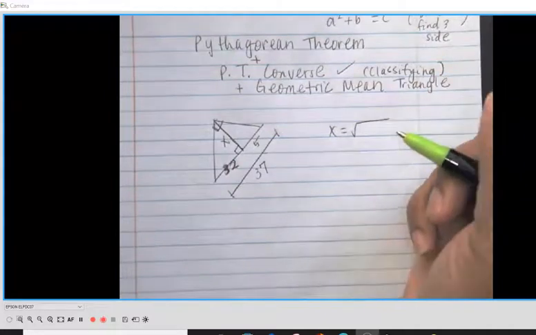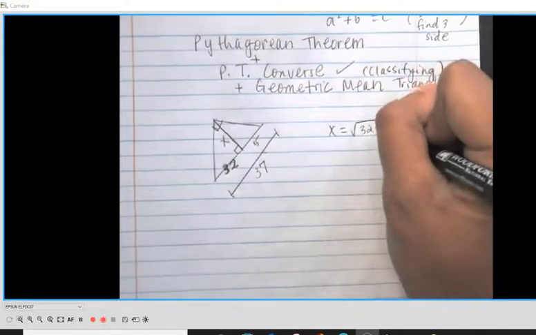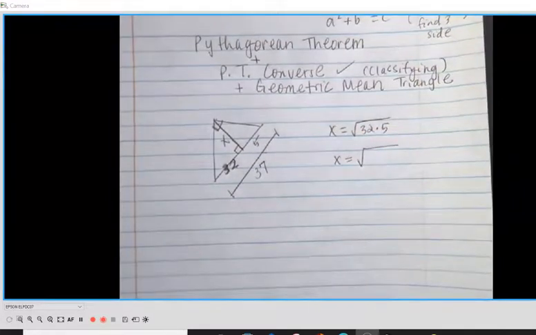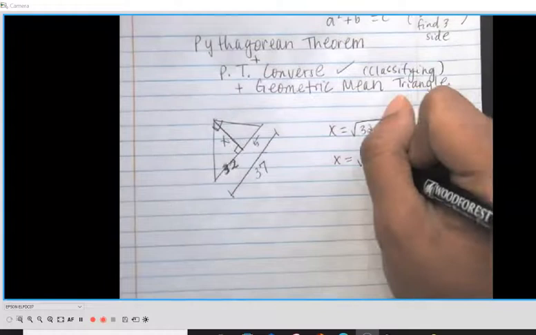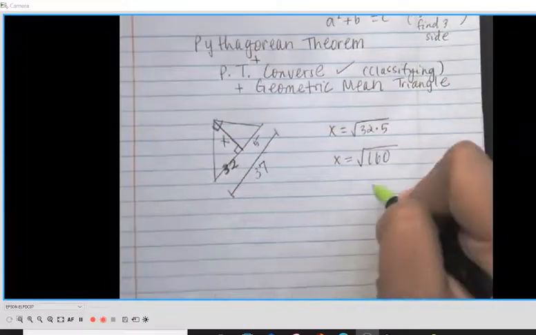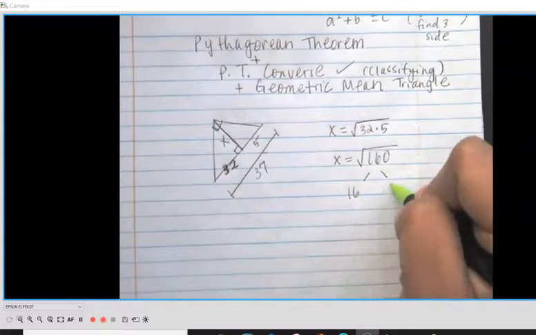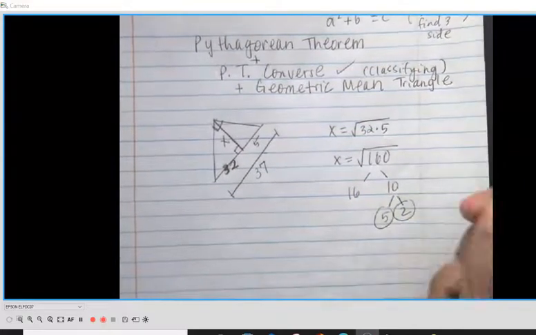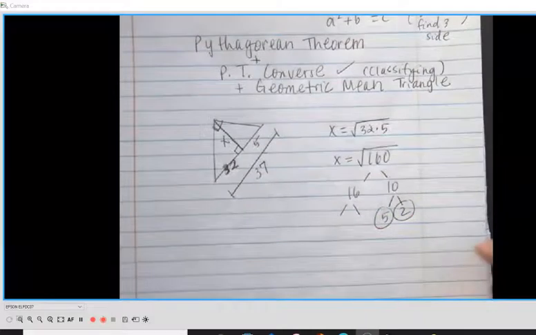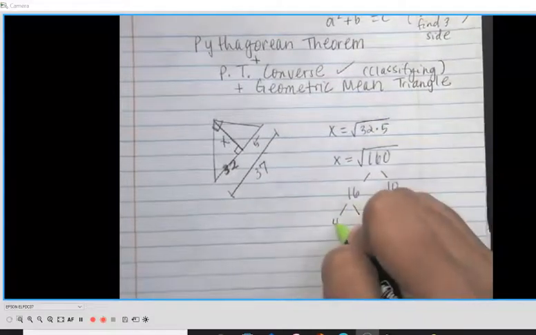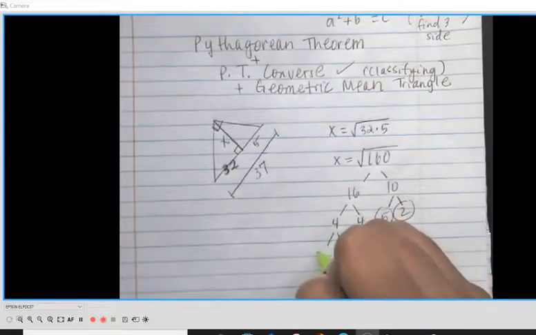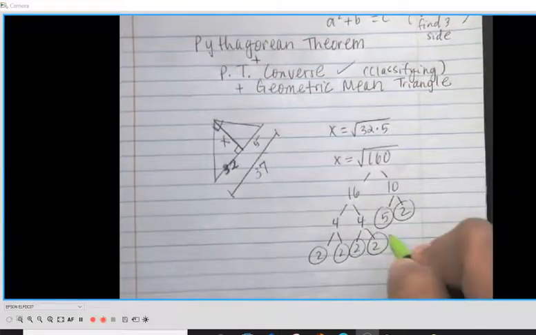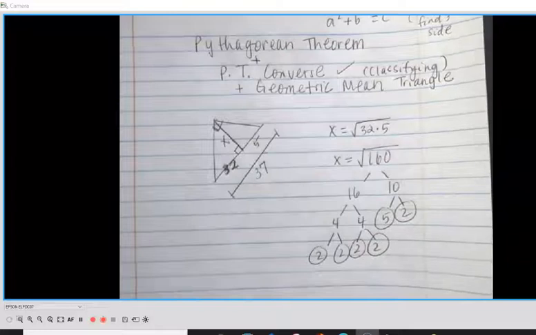Everybody see that? All right, so now I'm going to do 32 times 5. X is equal to the square root of 32 times 5, which is 160. And then I'm going to begin to do my prime factorization. 16 times 2, 5 times 2, those are primes. This I'm going to break down to either 8 times 2, I could also do 4 times 4. Break that down to 2, 2, and 2. Okay, and then keep up with your pairs.